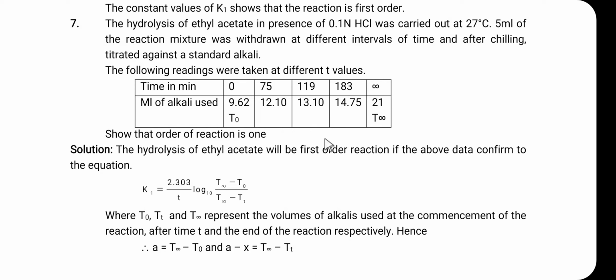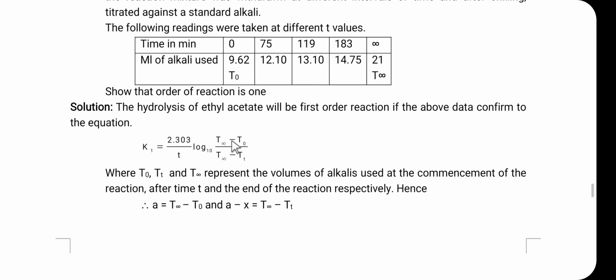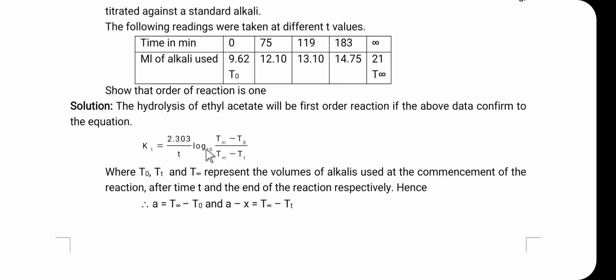For that purpose, let us consider the expression for the velocity constant for the first order reaction. K1 is equal to 2.303 divided by t, log of a upon a minus x. How is a calculated? a is calculated as T infinity minus T0, where in the table T0 is the zero reading, and the T infinity reading is taken after infinite time.